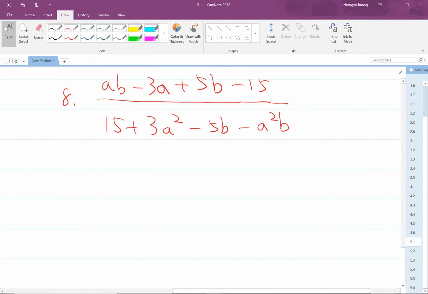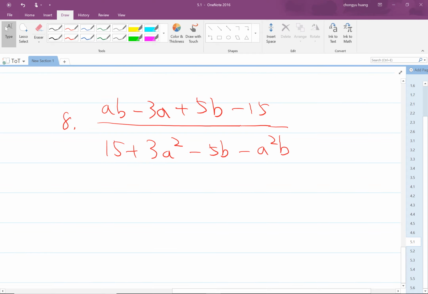So you look at question 8, and you see we cannot apply any property over here, or we cannot use the method we use for solving those trinomials. So over here we have to use another method. Let me show you how we do this question.